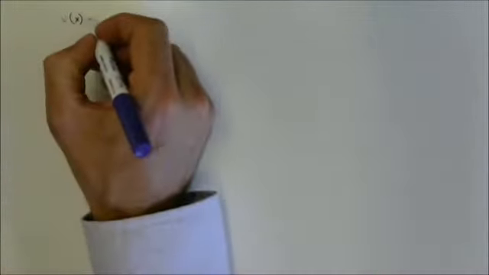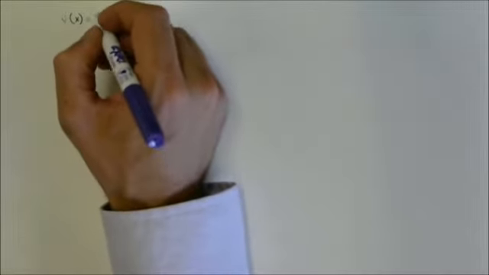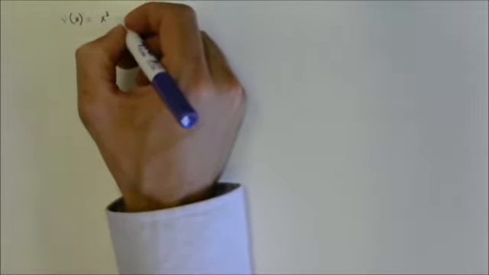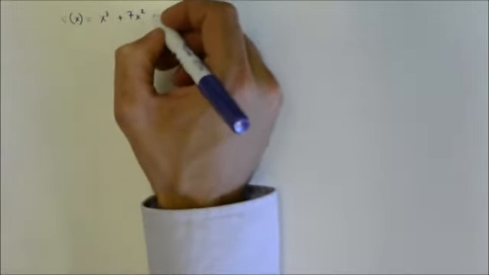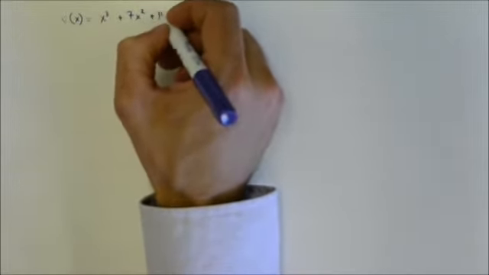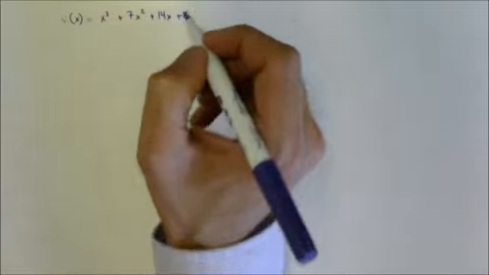Example 3 attempts to take this strategy into the real world-ish, and we're talking about the volume of a rectangular box, and we're told that the volume is represented by the polynomial equation V of x equals x cubed, that makes sense that it's a cubic because it's volume, plus 7x squared plus 14x plus 8.